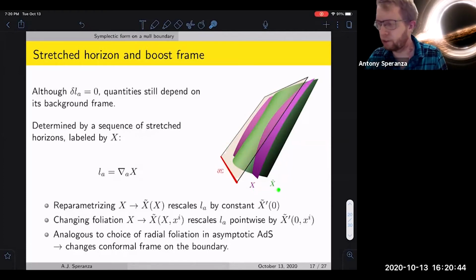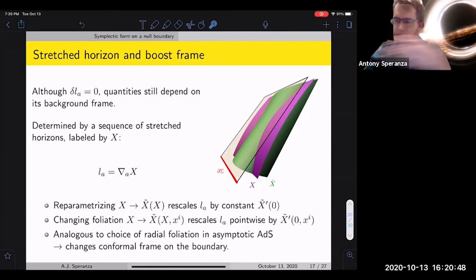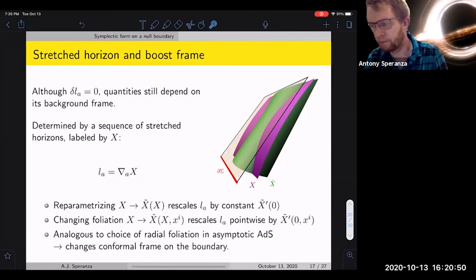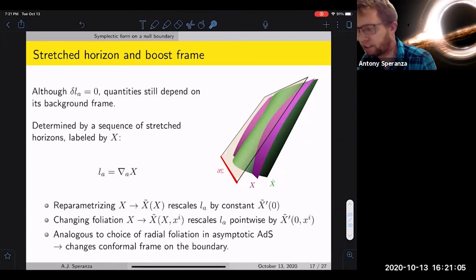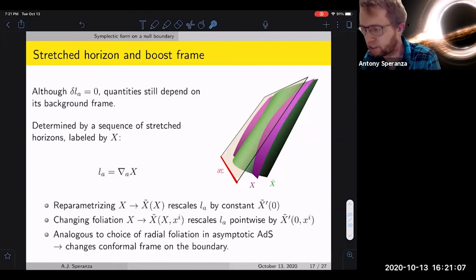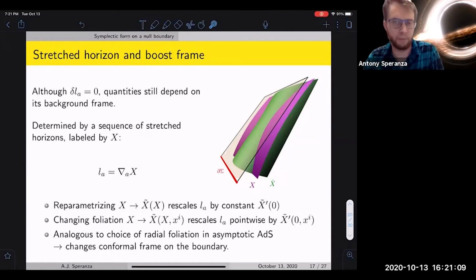And if you pick two different ways of choosing the stretched horizon, I've got the pink foliation and the green foliation, these will basically rescale L. If you just do a refoliation where you don't actually change the leaves, all it does is rescale L by a constant once you evaluate it on the null surface. And that doesn't really have a big effect on anything.